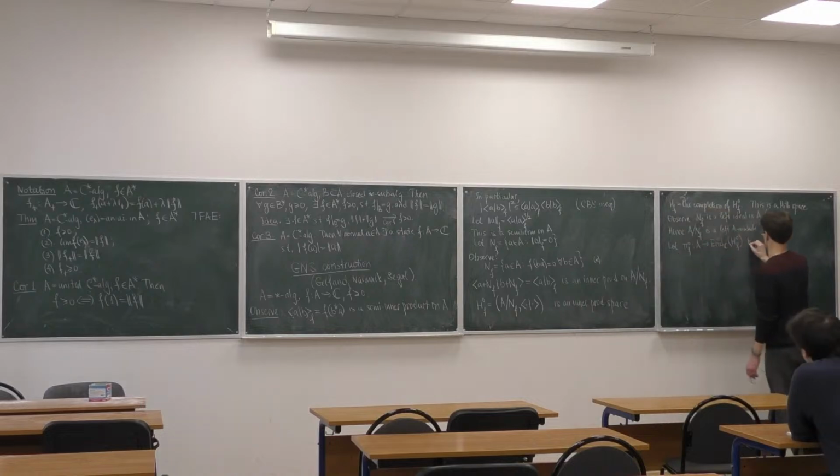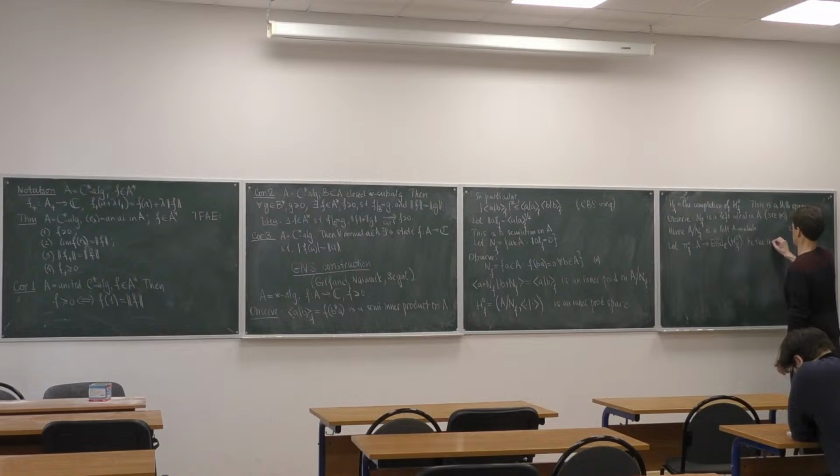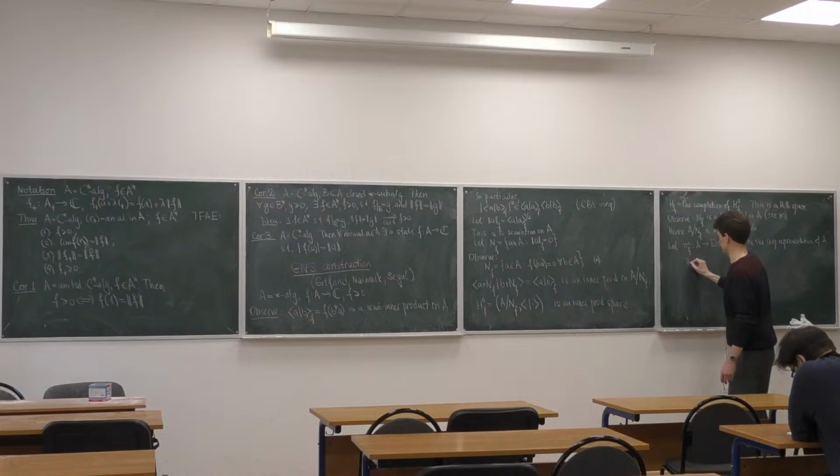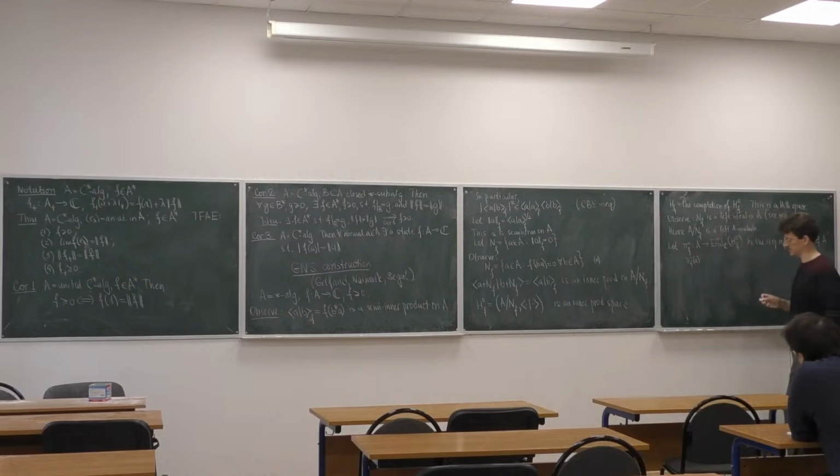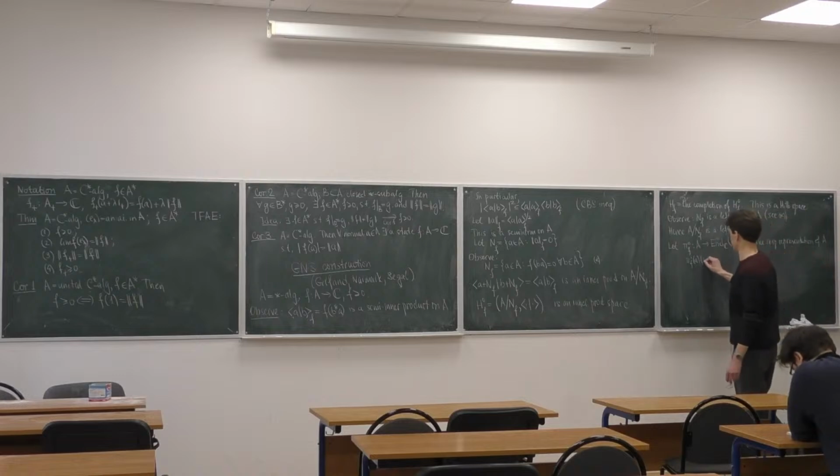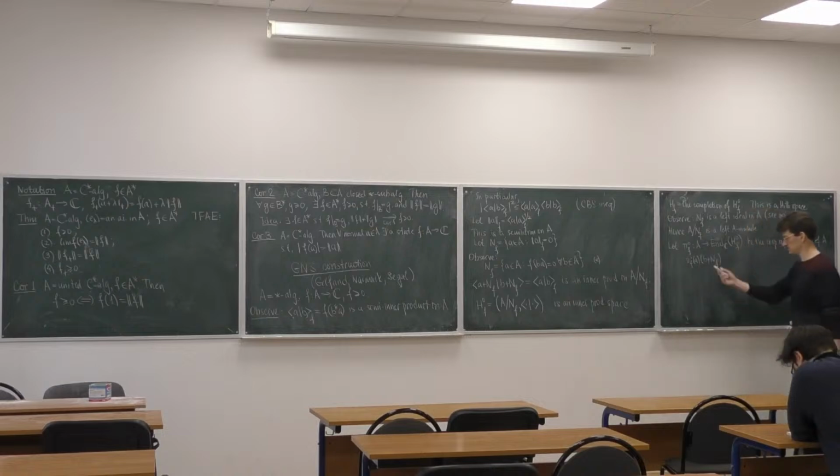So this is the respective representation of A. Explicitly it acts by the following formula. It takes an element A to the operator which takes every element of this space HF0, which is a coset of B modulo NF, to AB plus NF.